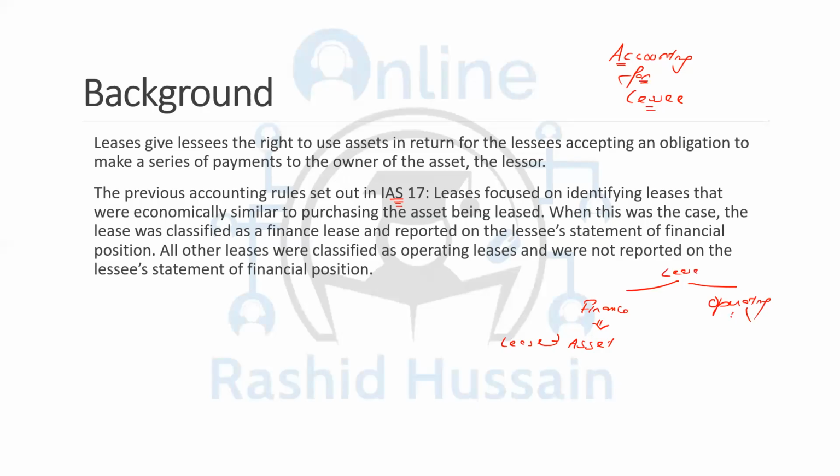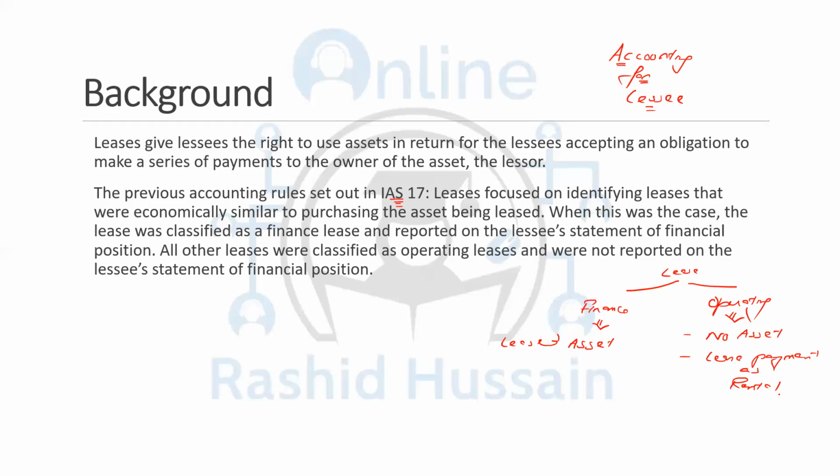In the operating lease, the lessee was not recording any asset, and the lessee used to record the lease payments as rental. So there were two types of leases, the finance lease and the operating lease.